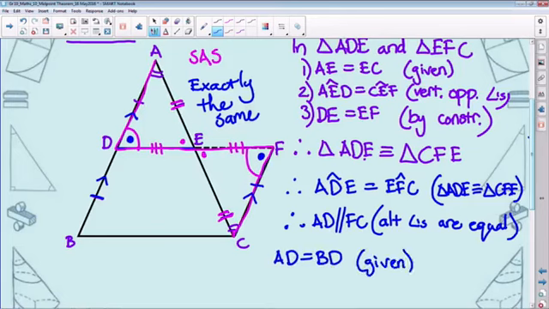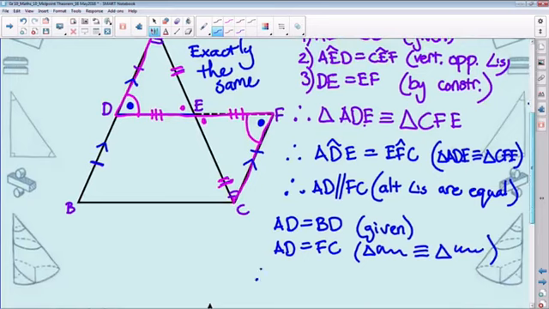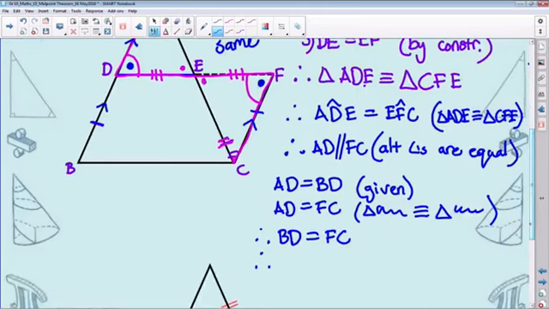And we also know that AD is equal to FC because triangle ADE is congruent to triangle CFE, and obviously you would write that out in full. Therefore, BD is equal to FC. And therefore, BDFC is a palm. Palm is the abbreviation for a parallelogram.